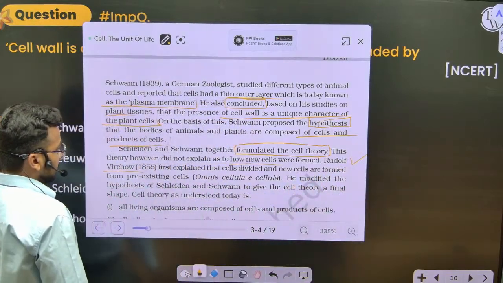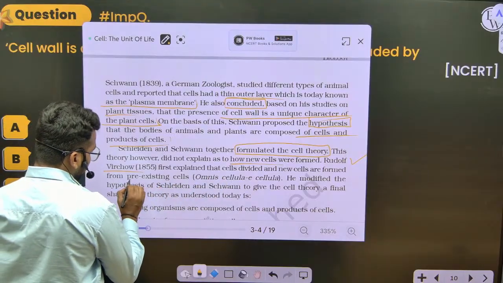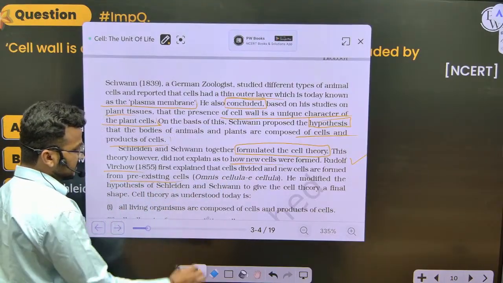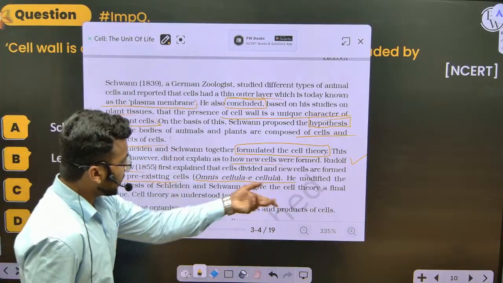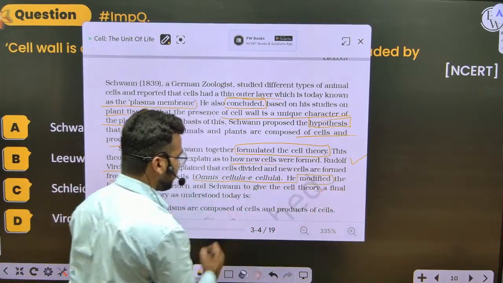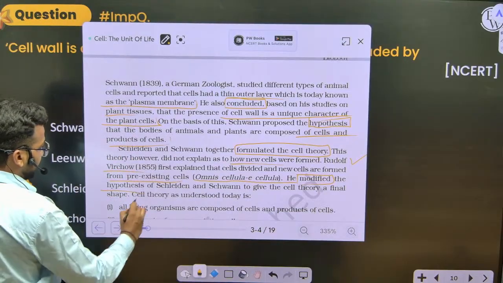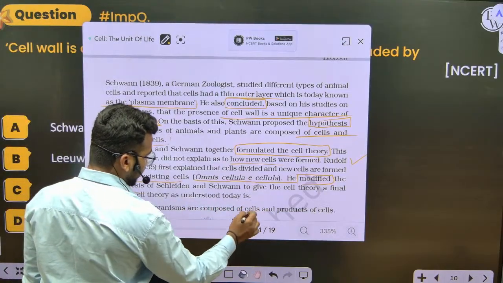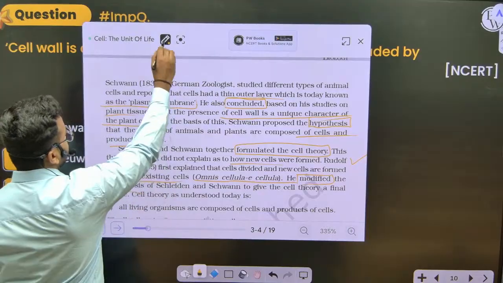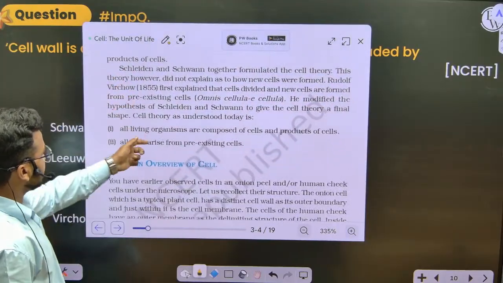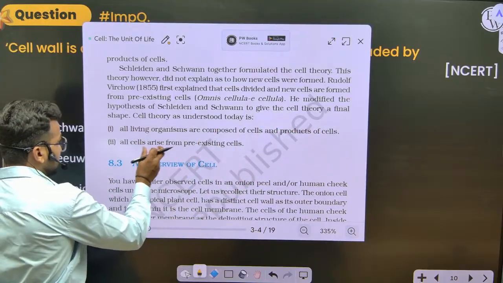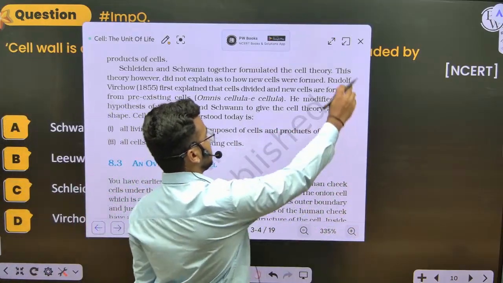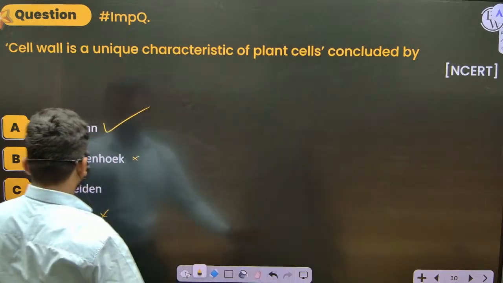He says that cells are formed from pre-existing cells, that is, omnis cellula e cellula. He modified the cell theory or hypothesis of Schleiden and Schwann and gave a proper structure to this: all organisms are composed of cells and products of cells, and all cells arise from pre-existing cells. So this is about the discovery.